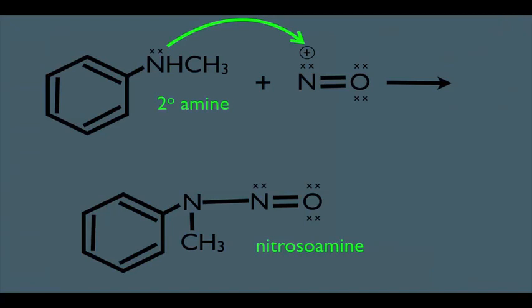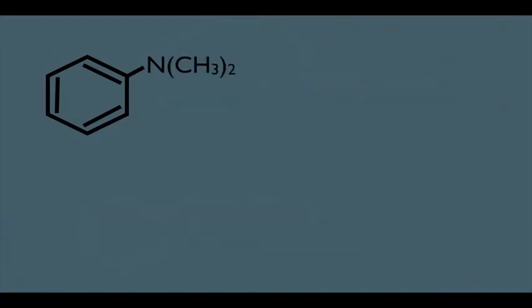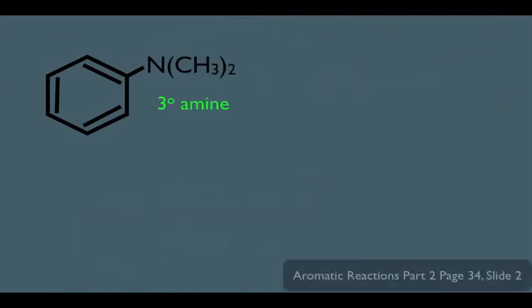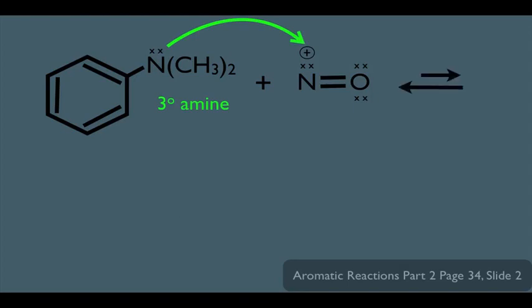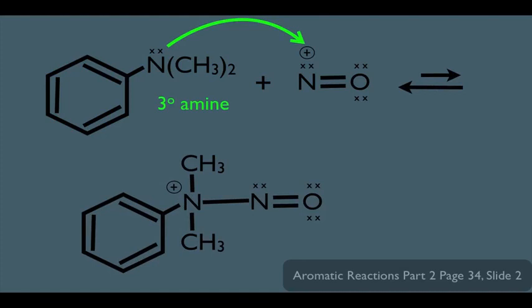And I'd like you to know that this is also true for tertiary amines. In this particular case, when you add the NO plus group here, the nitrogen tries to attack this nitrogen here and make a connection to make this product right here. But notice in this case, there's no hydrogens to rip off that nitrogen with the plus charge.